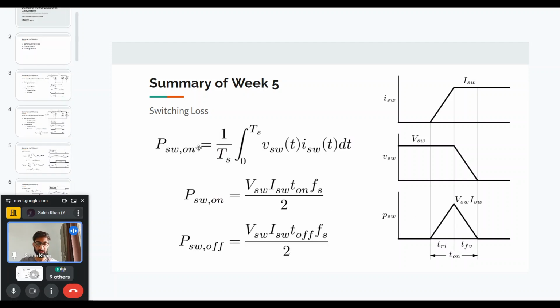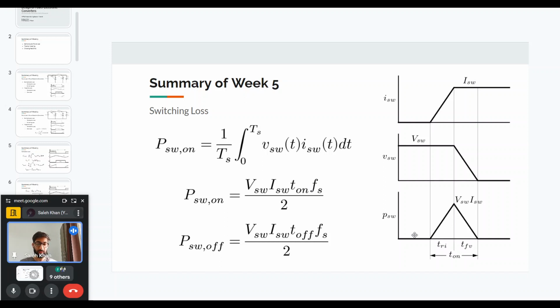If you do this, it is very simply found that the switching loss is given by V_SW. This V_SW is basically the voltage at which we turn on the device, the voltage that it was blocking at the time when we turn on the device. And then we have I_SW, which is the current that flows after it turns on.